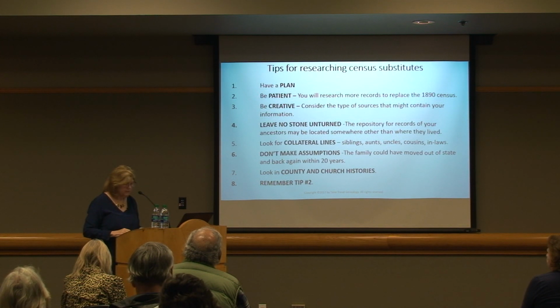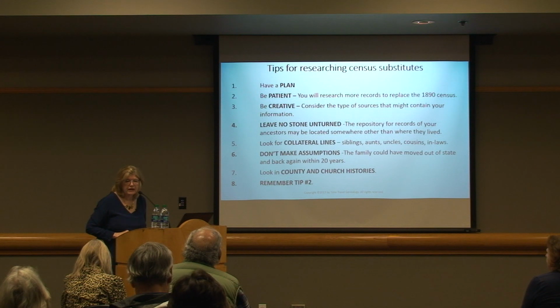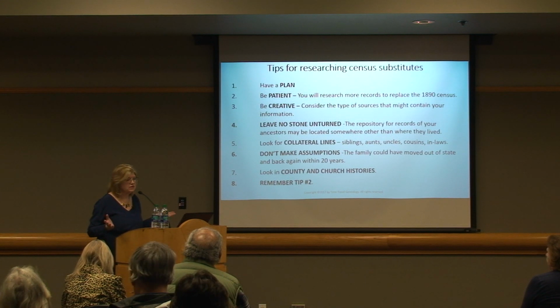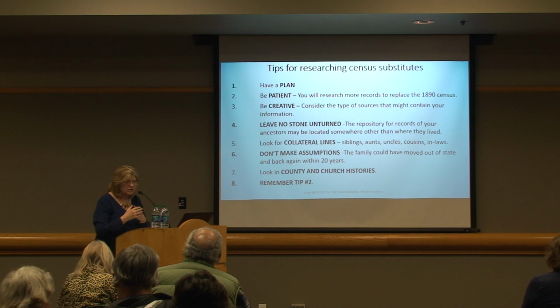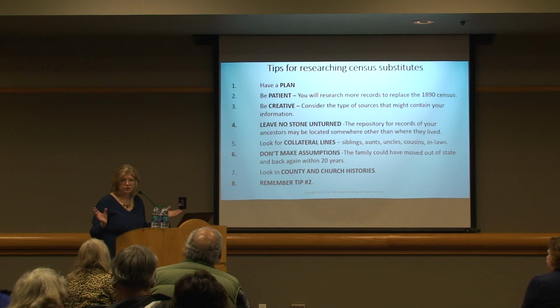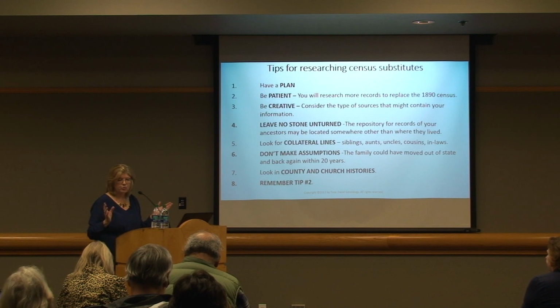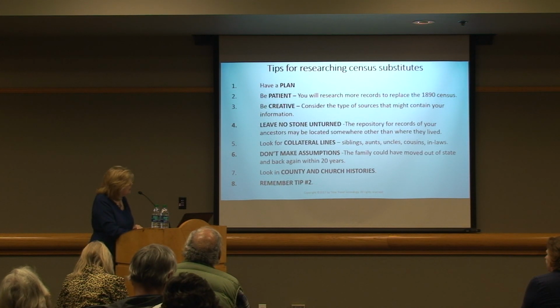You have to be patient, because you are going to be looking at more records than just the census. We're spoiled with the census. You've got one document that has all this information for all these people. Now you have to recreate this information for every person using a lot of other resources. So you have to be patient.